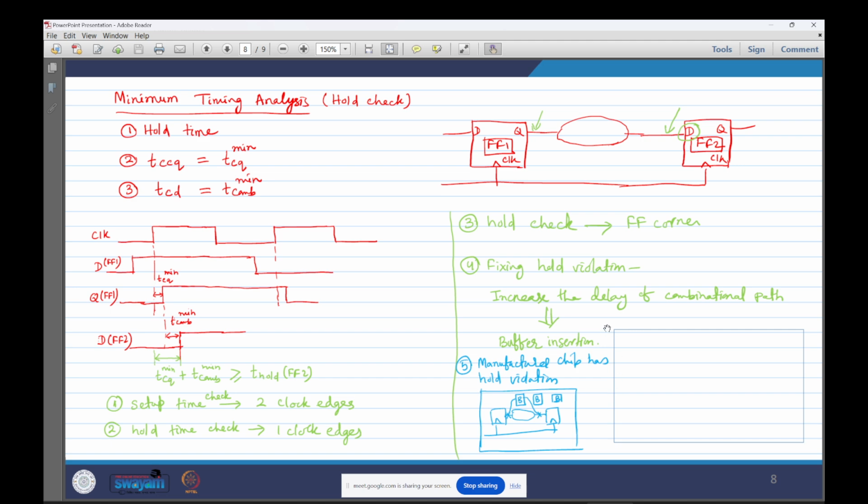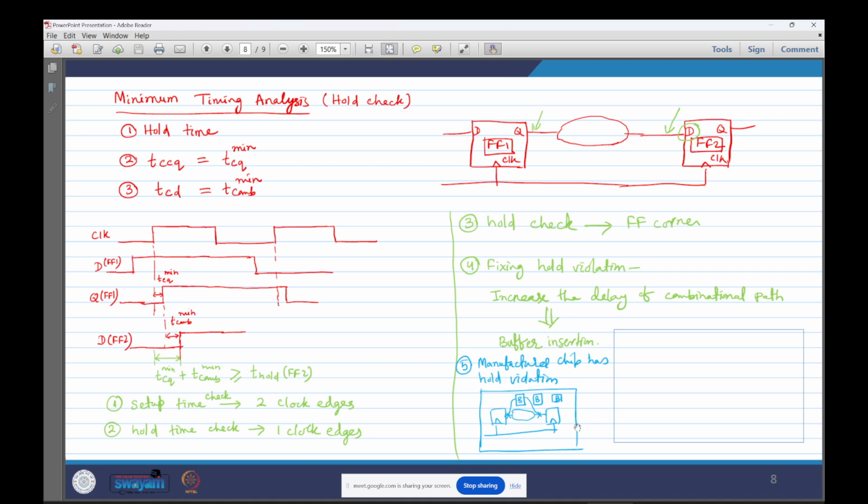Let's say the cost of chip fabrication is X. The second time manufacturing cost will be very much less than X. The reason is that all the masks will be reused except the metal 1 mask, which has the hold violation issue and is rerouted. That portion will be reprinted.